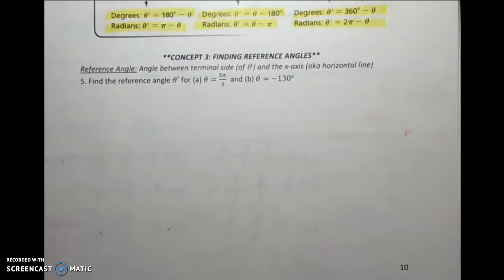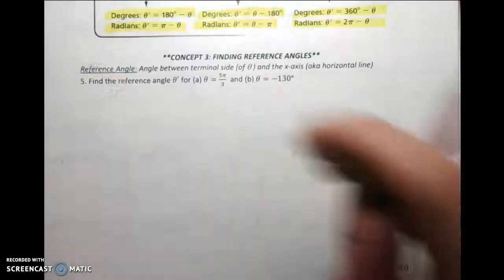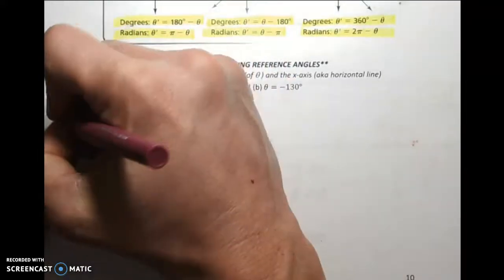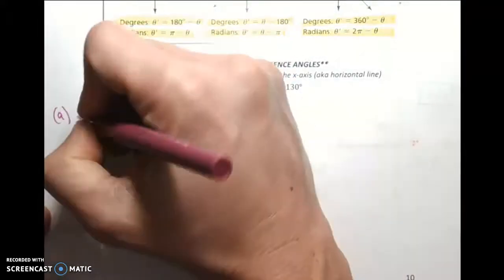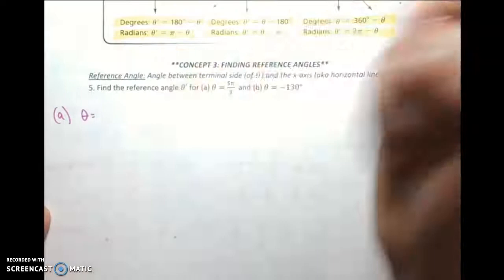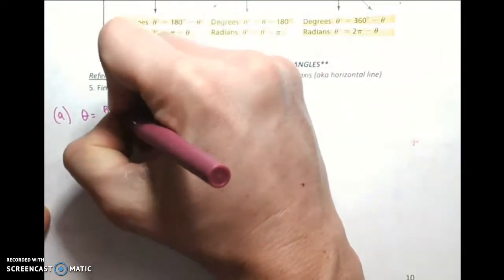Alright, so number 5, find the reference angle for A, theta equals 5 pi over 3, and B, theta equals negative 130 degrees. Okay, so let's go here, A, and my theta is 5 pi over 3.